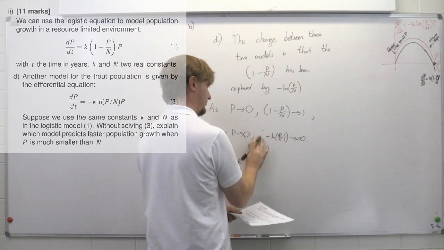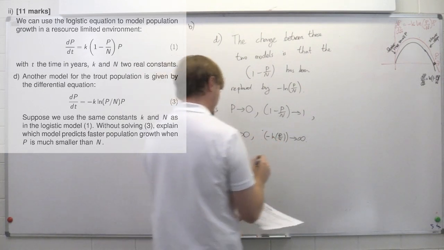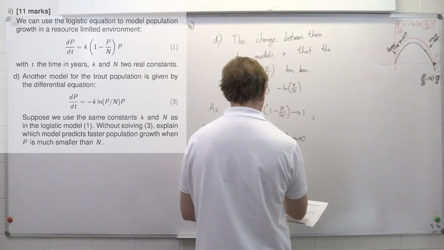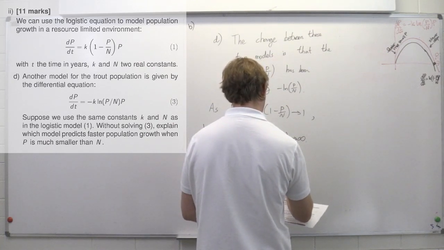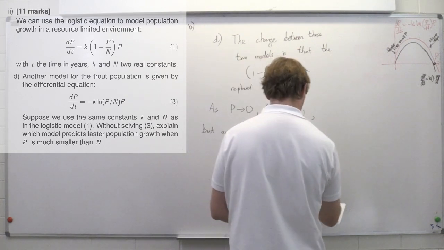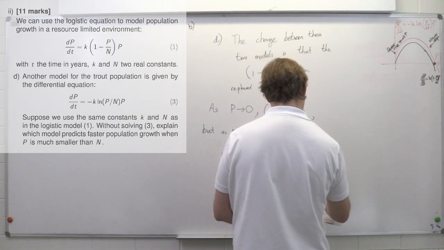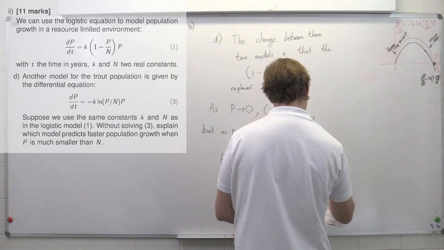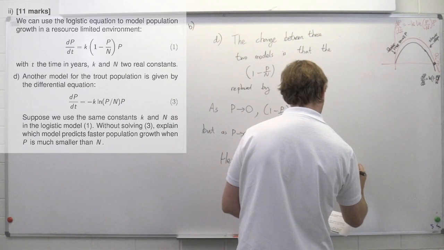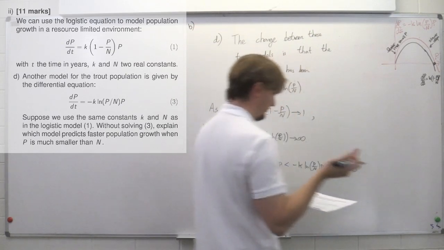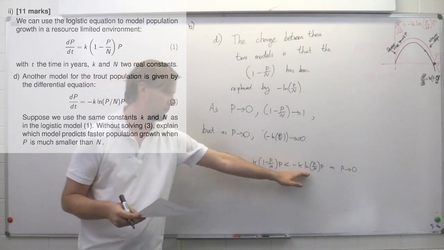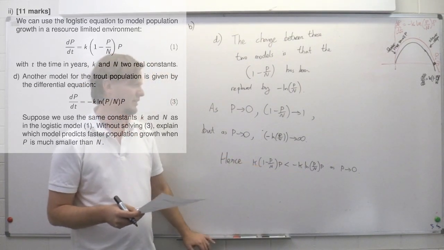So this term does tend to minus infinity. So hence you're going to find that k times 1 minus p over n times p is going to be less than minus k times the log of p over n times p as p tends to 0, as we're looking at numbers which are close to 0. So the growth of this one will be greater than that one.